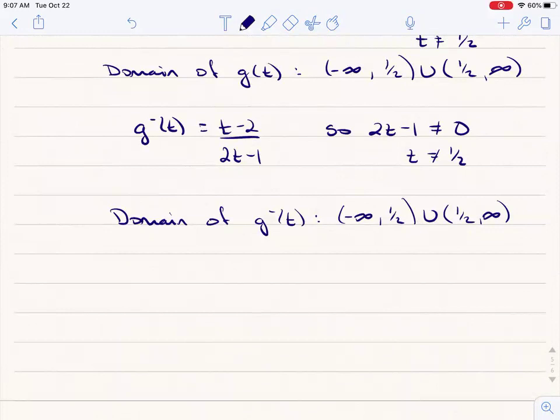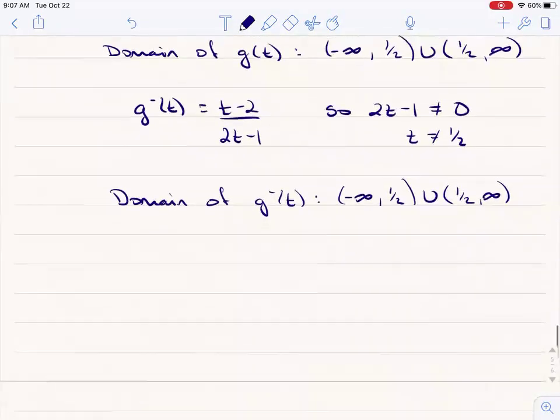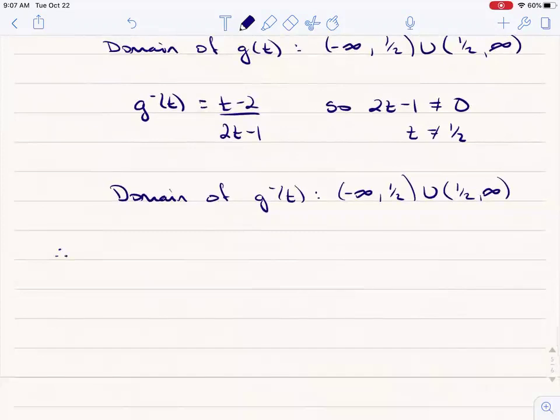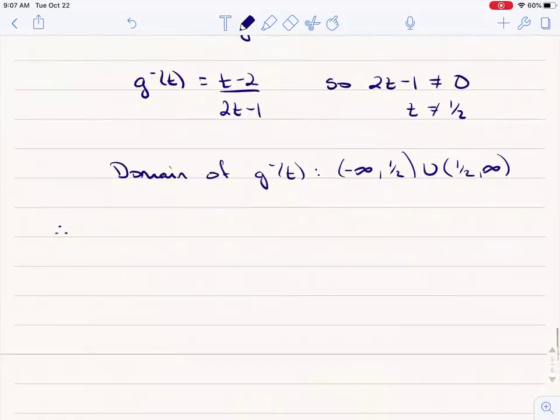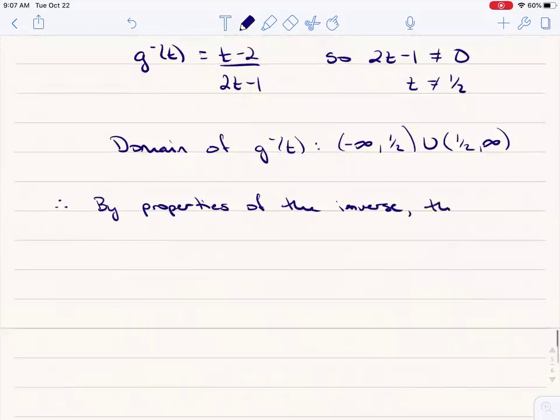Therefore, by properties of the inverse, the range of g of t is the domain of the inverse of g of t.